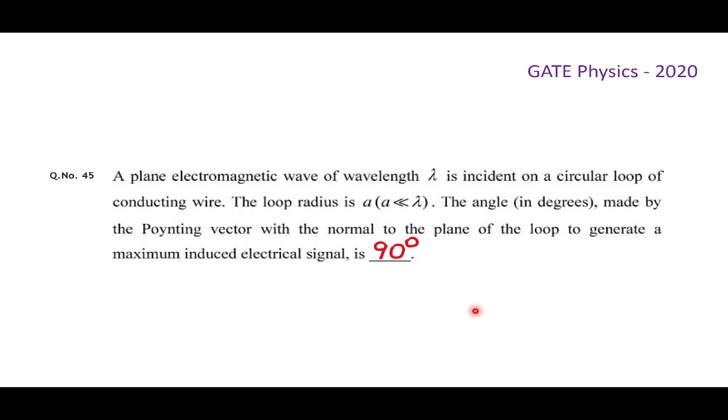It will decrease at the plane of the loop. Then, at a distance far away from the loop, it will again be a plane electromagnetic wave. So at the plane of the loop, where the interaction with the loop happens, it will decrease.